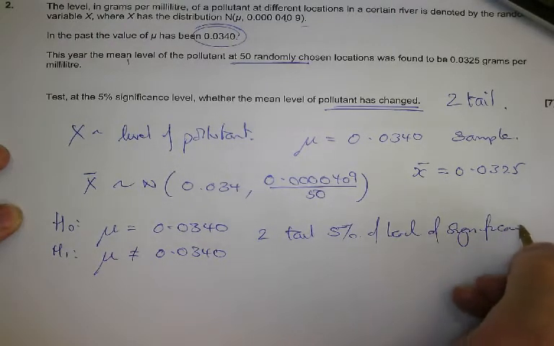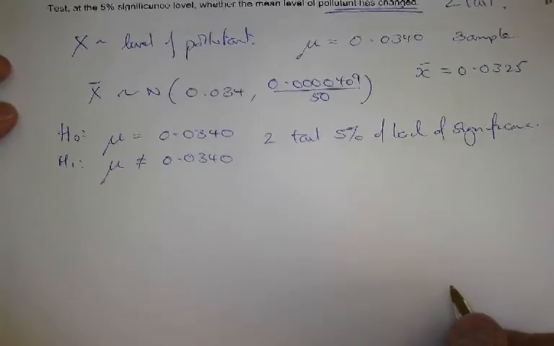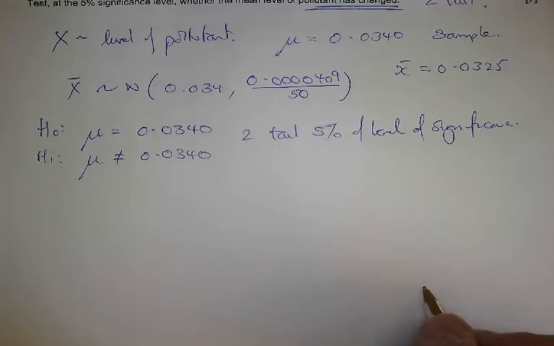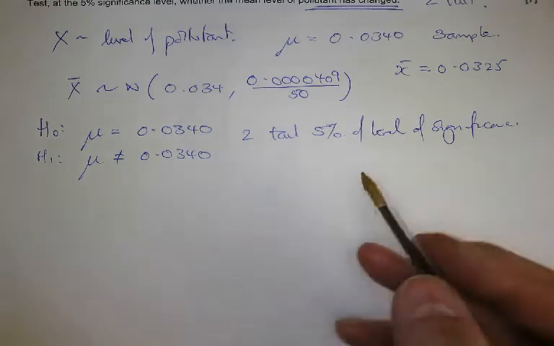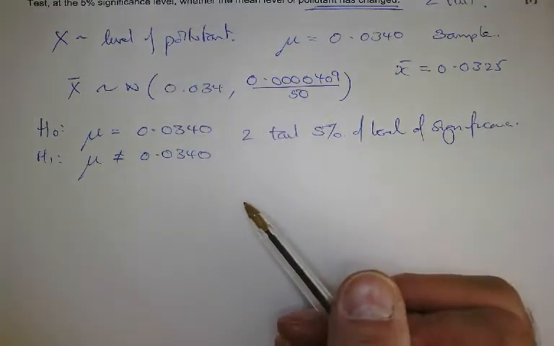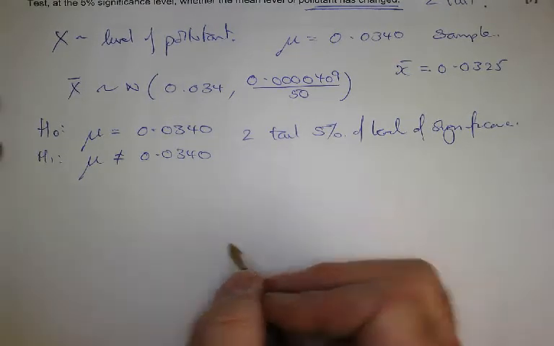Now, there are different ways to solve this, and I'm going to show you 2 ways to solve it, okay? The first way is we want to test whether x bar is going to be less than this mean. One way is to actually find what the critical value would be.